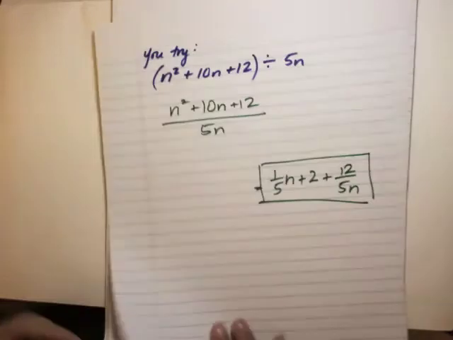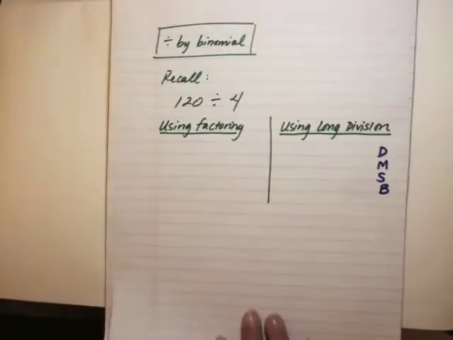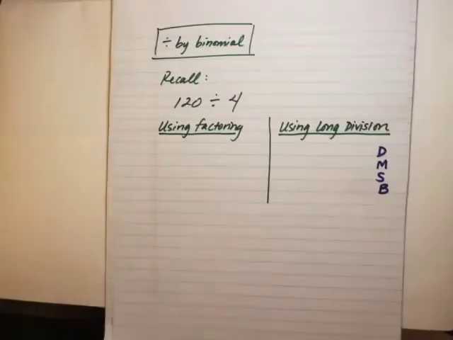Okay, so the second step is dividing by a binomial. Dividing by a binomial is another way to simplify a division problem. You can use factoring or you can use long division. And just to remind you of how to do this, we're going to jog our memory. We're going to go back to a very simple problem.